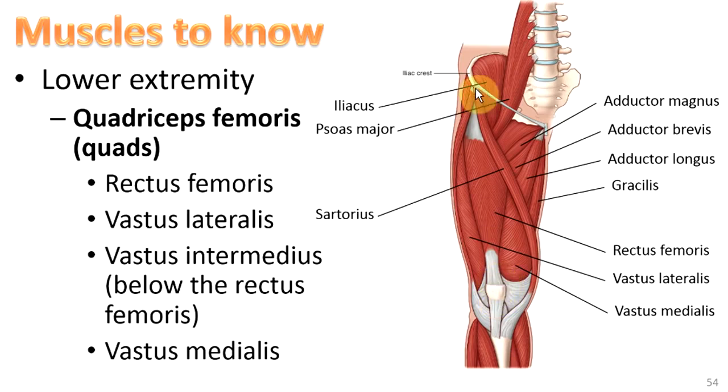Anyway, it originates up here on the same place that the sartorius originates, on the ASIS. So it crosses 2 joints, but it doesn't act on the hip joint much. Its primary action is on the knee joint. It's going to pull the tibia up, which means it's going to straighten the knee or extend the knee.